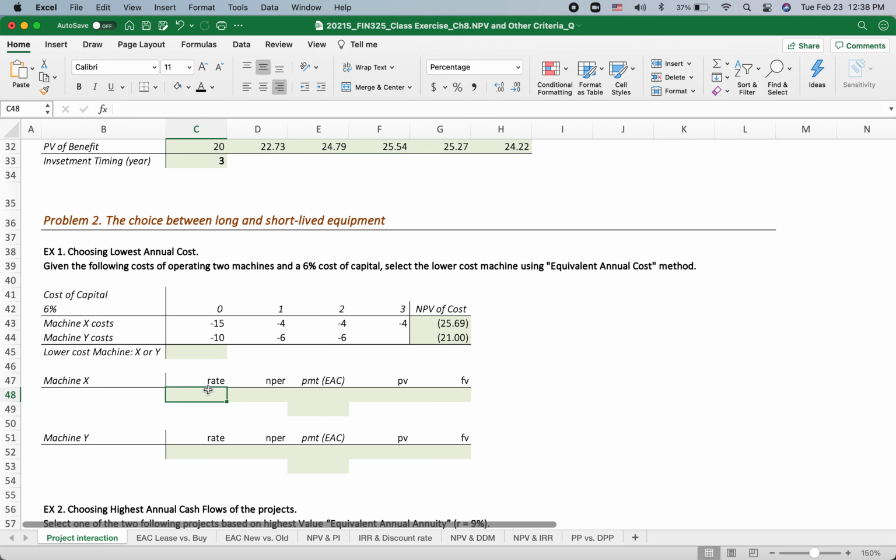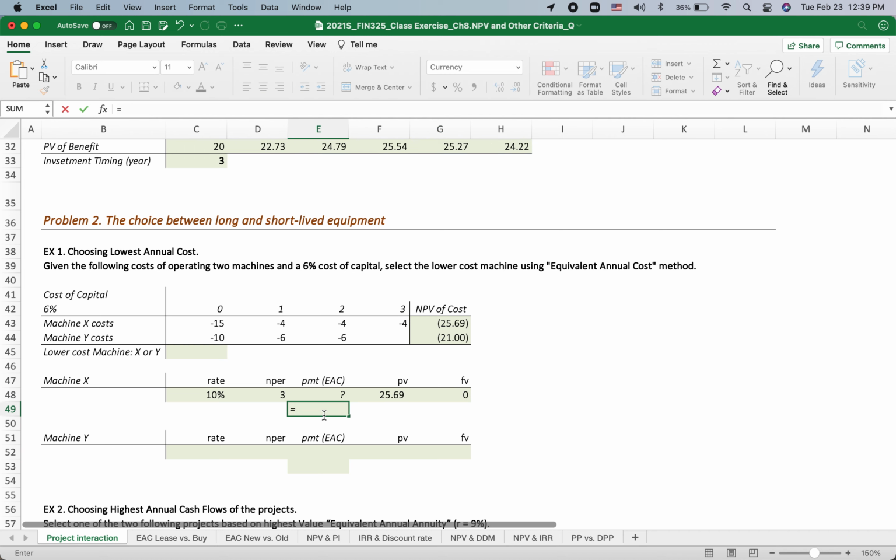So in this case, we put the 10%, and then NPER. This number is made by 3 years, right? So we put the 3 years. And then PMT is what we want to know. The present value is 25.69, and the future value is 0.